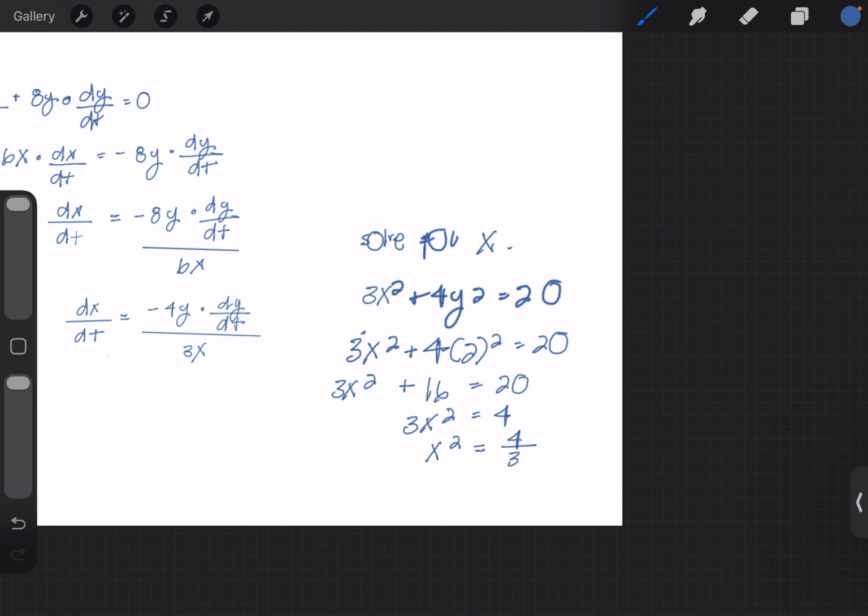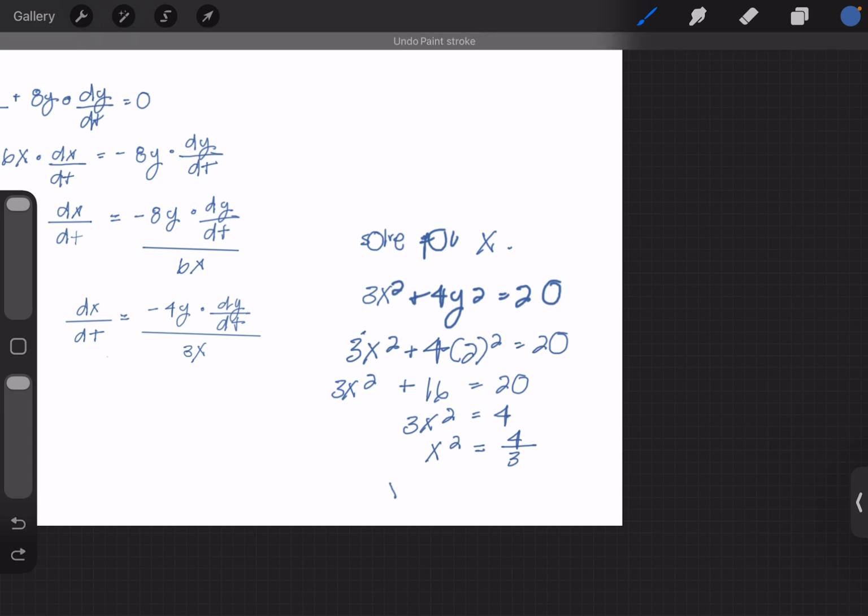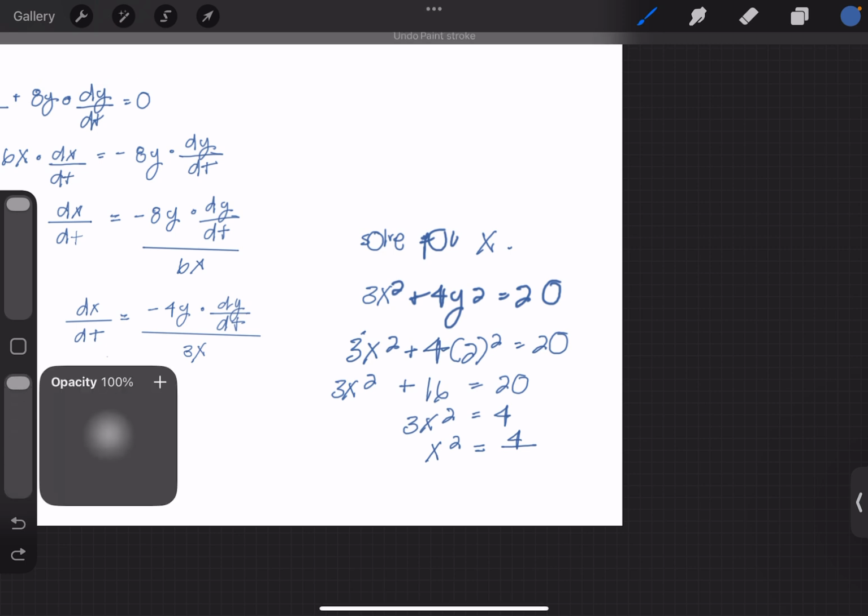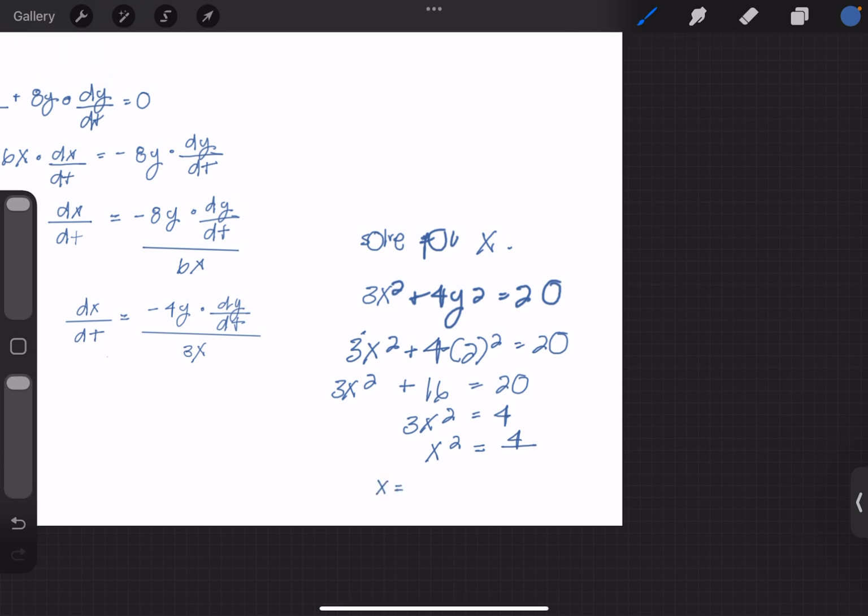And then we need to remove the square root. So x is equal to plus or minus the square root of 4 over 3.